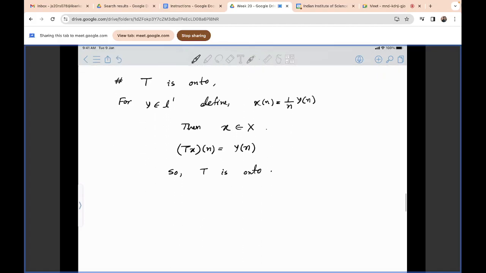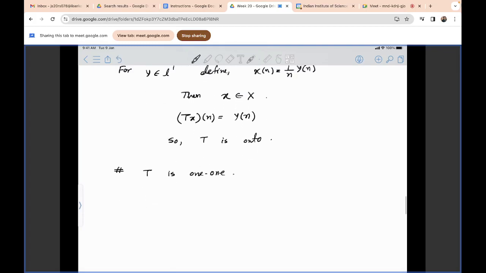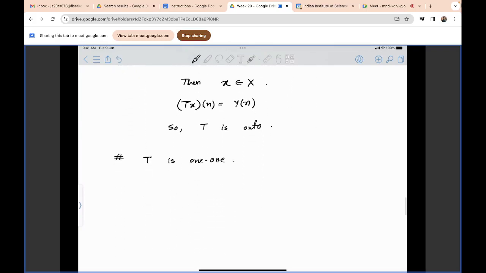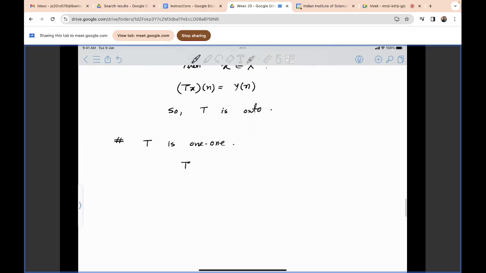And why is T one-one? T is one-one means: let T of x equal T of y.